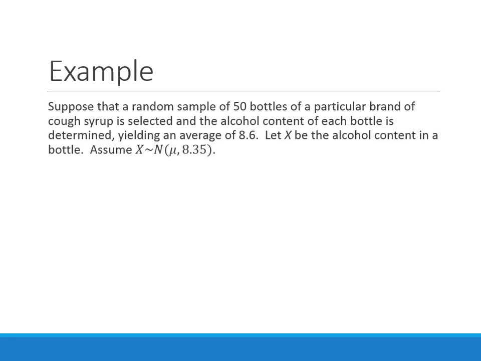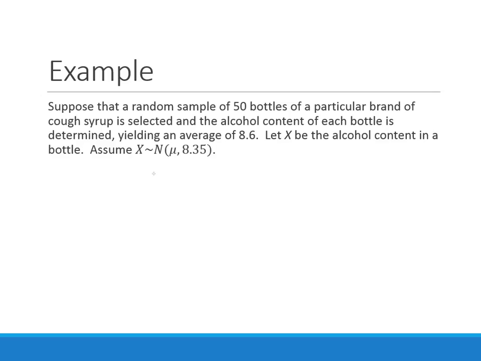The alcohol content of each bottle is determined, and the average of these 50 bottles is 8.6. If we let X be the alcohol content in a single bottle, we assume the distribution is normal with mean mu and variance 8.35.